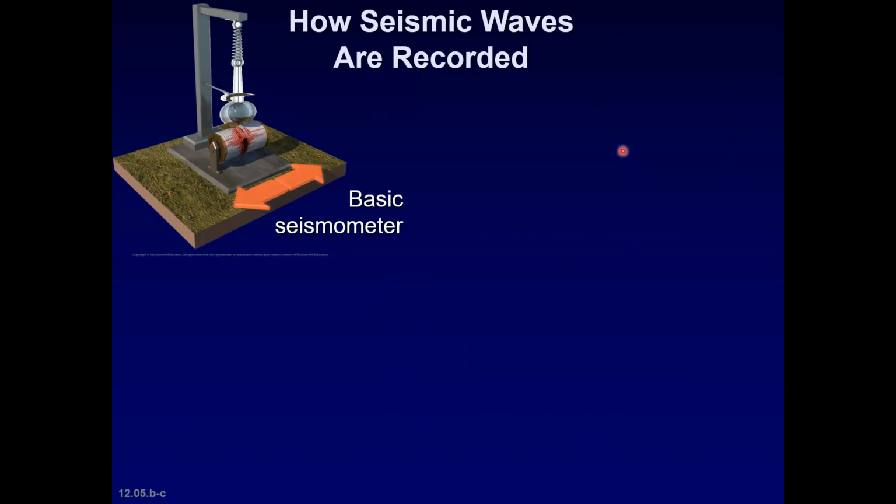So how do we record those? I sort of hinted at it. The most basic way to record seismic waves is through a seismometer. This isn't exactly modern at this point. You have paper and a pen, traveling back and forth, recording movement, mimicking the way the ground is moving.